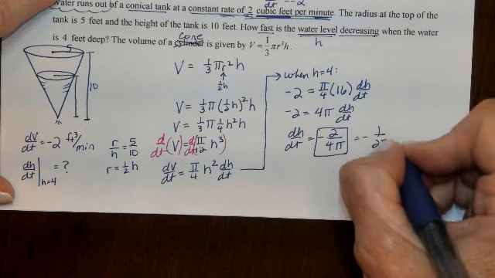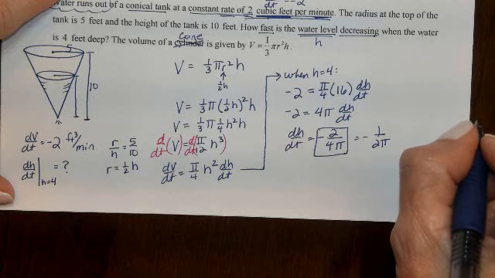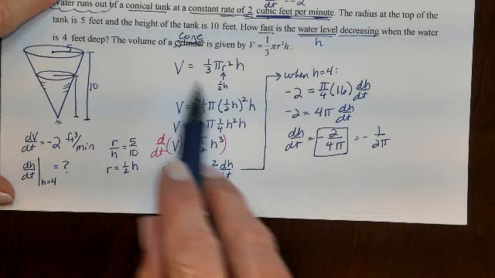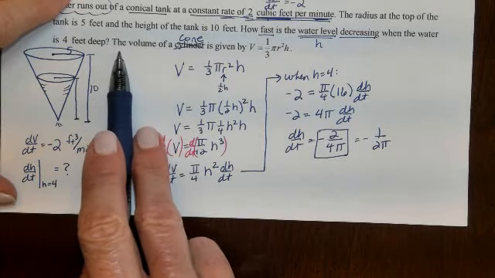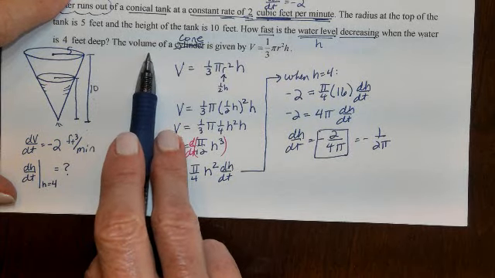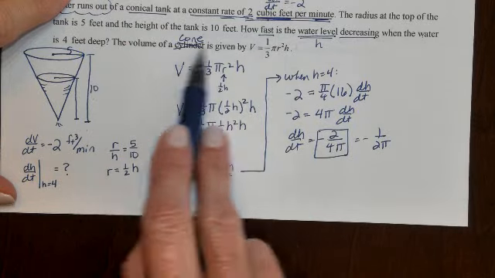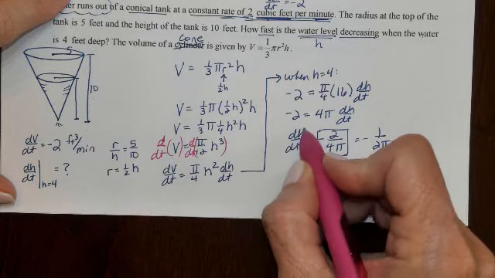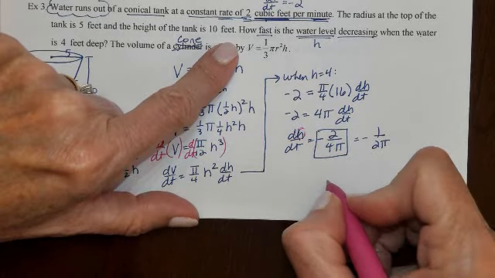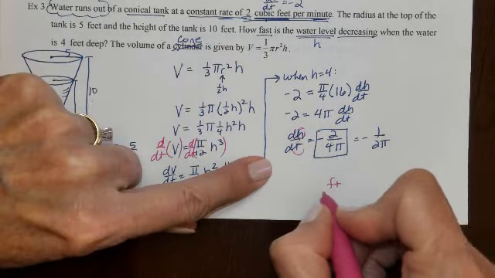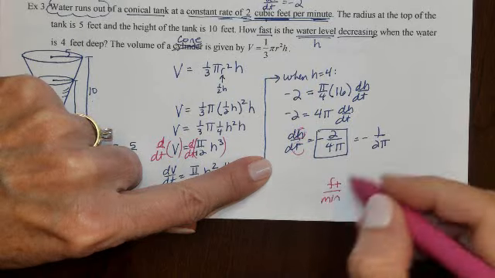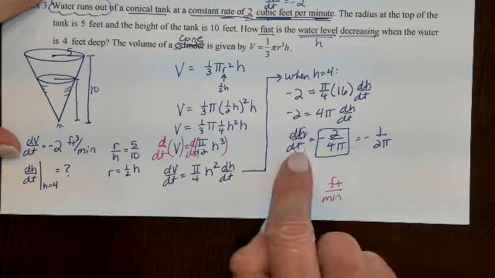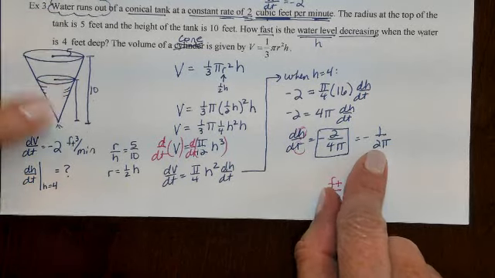Negative 1 over 2 pi would be our multiple choice answer. I like to look back at the problem to see if they wanted me to give them units, and they didn't. They did not specifically ask for units, so I'm not going to give it to them. If they had, units for h is in feet and units for time is in minutes, so it would have been feet per minute. Does it make sense that dH/dt is negative? Yes, because water is running out.